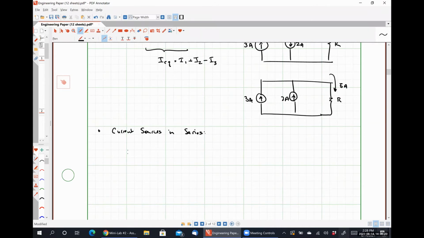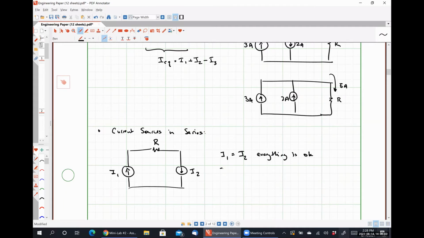So if we have current source I1 in series with some resistance R, in series with some current source I2, like so, if I1 is exactly equal to I2, everything is okay. But if I1 does not equal I2, everything is broken.